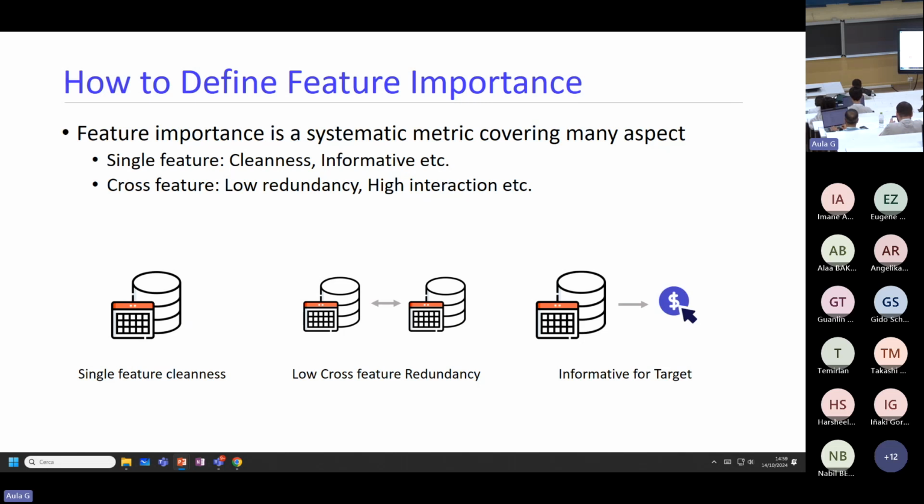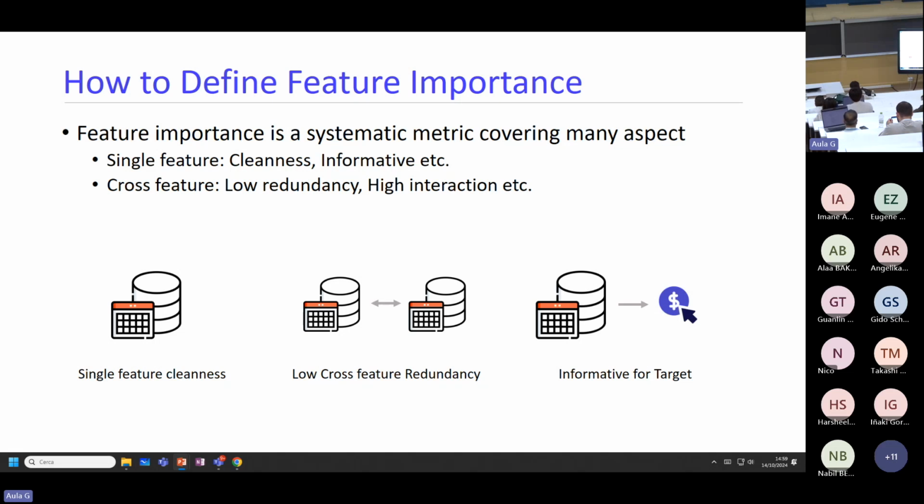When considering cross-feature interactions, important factors are low redundancy, ensuring that features do not overlap excessively in the information they provide, which helps in avoiding redundancy, and high interaction, the degree to which features work together to reveal meaningful patterns and relations, which can significantly improve model performance.